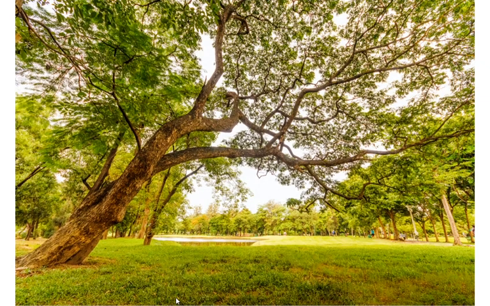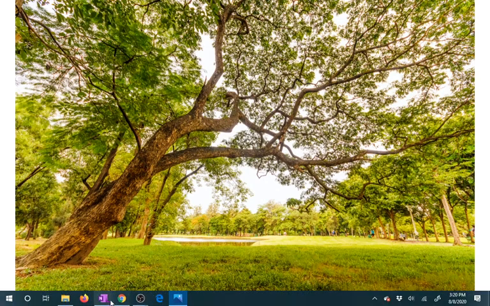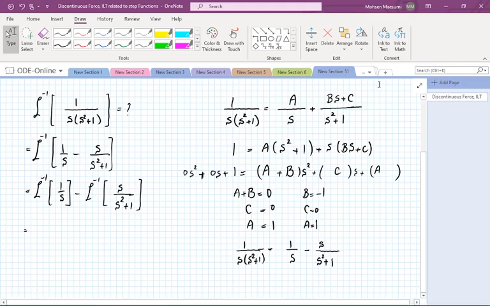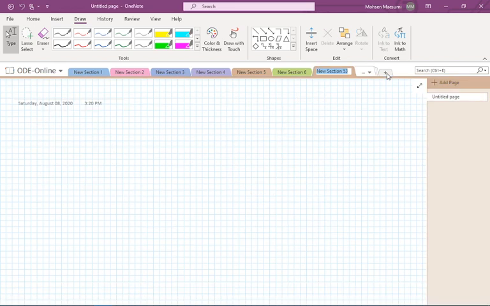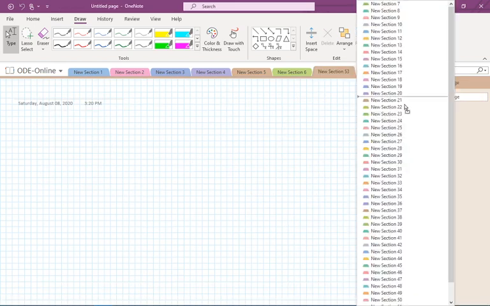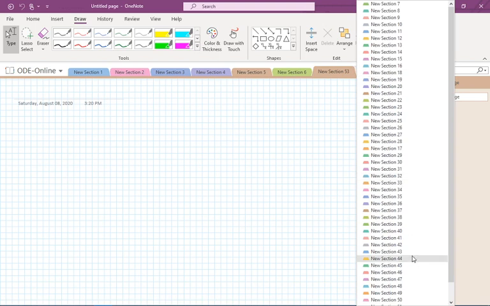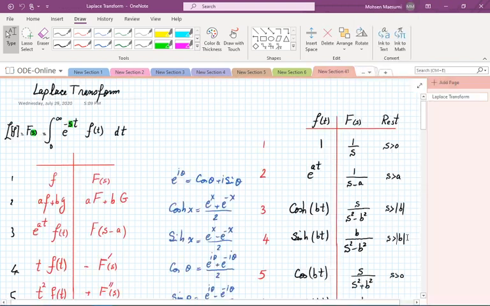Try to remember, rewrite the entire table as many times as it takes for you to memorize all these basic ones. And then what was it for s over s squared plus 1? So that one also you want to be having it in your mind ready to go. Sorry, I made an extra section there.